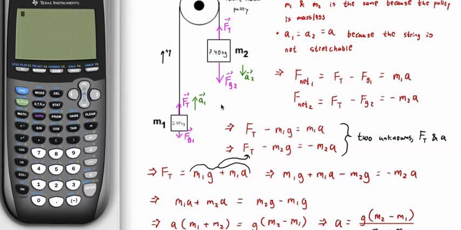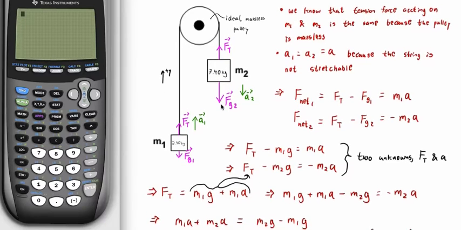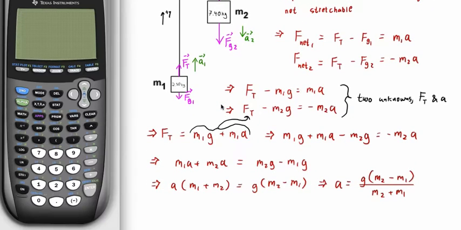We want to plug in g and then 2.5 and 7.4. So we're going to have 9.8, and then open parentheses, M2 minus M1, so 7.4 minus 2.5, and then divided by the sum, so 7.4 plus 2.5.